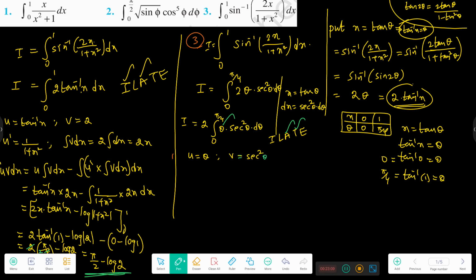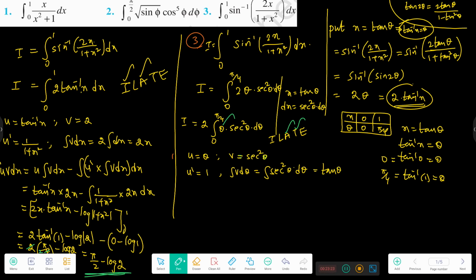Now u dash is 1, and integral v d theta is integral of secant square theta d theta. Directly you can write tan theta.